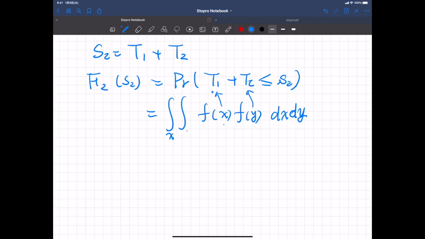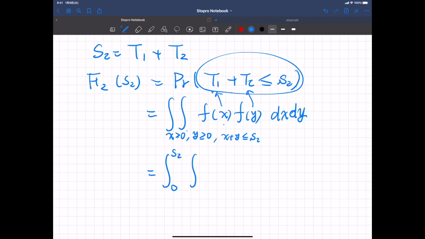That should be x positive or 0, y positive or 0, and also x plus y less than or equal to s2 because of this restraint. This can be translated into this: 0 to s2 and 0 to s2 minus y, f of x and f of y, dx dy. Why is that?